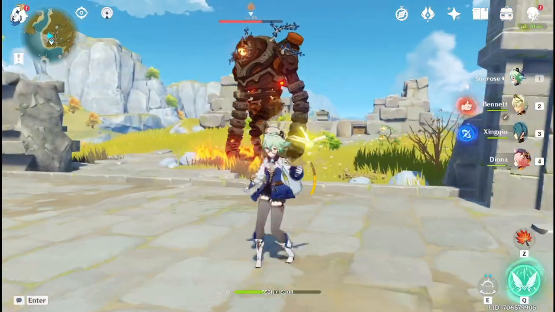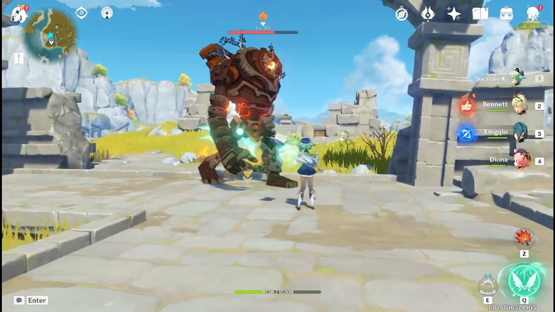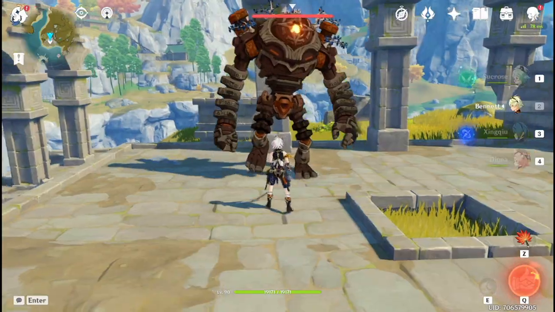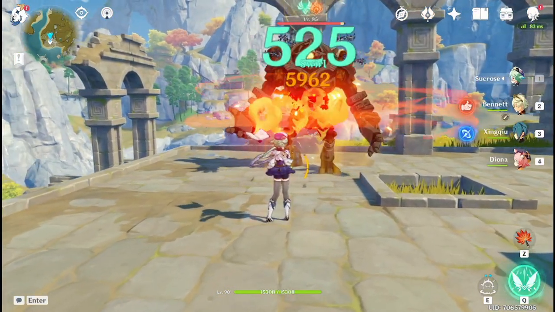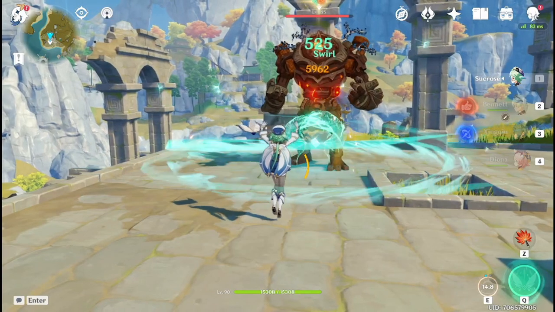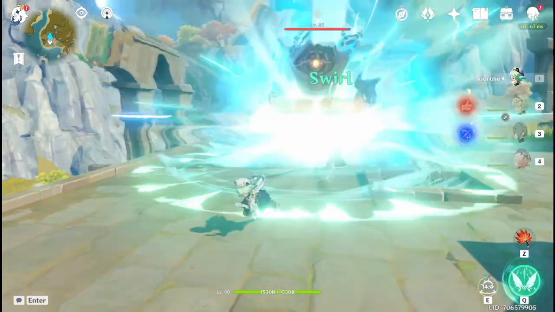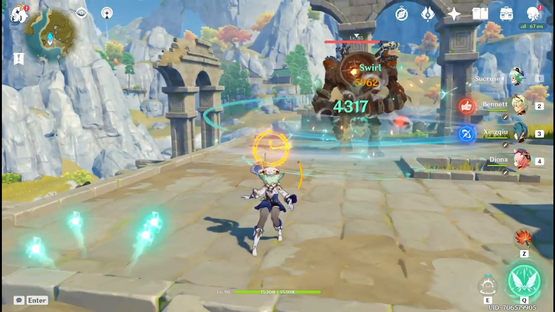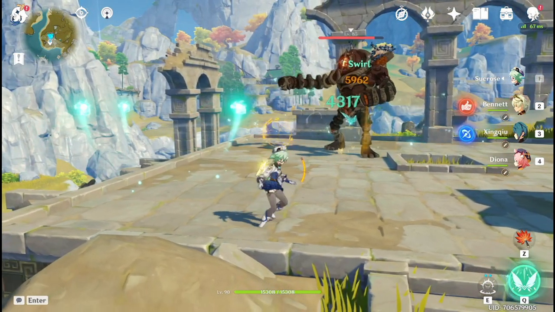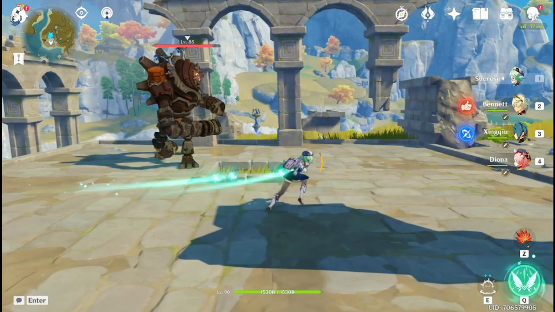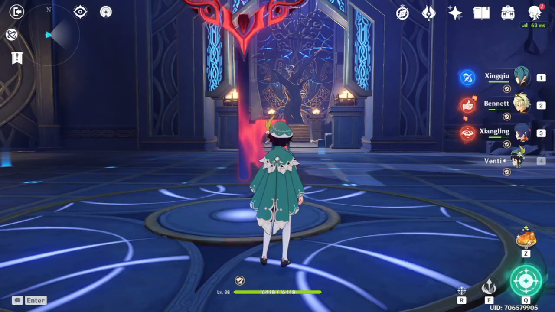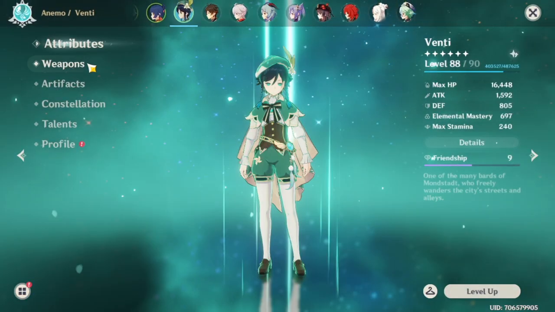For example, if I swirl with a normal attack with Sucrose, then use her E instantly after, the elemental skill will also trigger a swirl reaction, since the first swirl cooldown was for the normal attack, not for the elemental skill. With this, I think I covered everything about swirl.